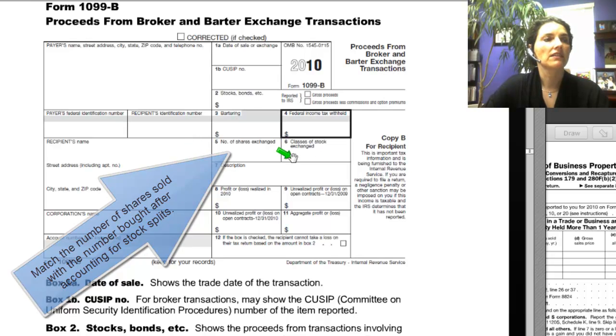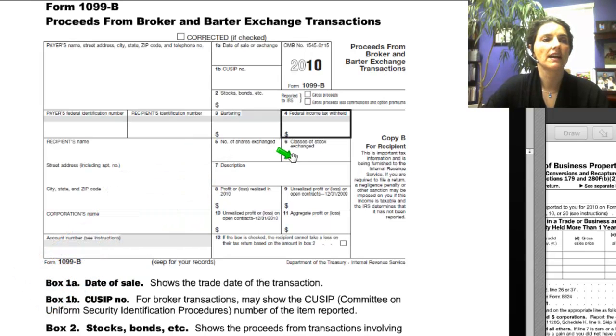Number 6, classes of stock exchanged. This shows the class or classes of the corporation stock that were exchanged. 7 is the description. It usually shows the name of the stock that was sold. Number 8 refers to regulated futures contracts, the profit or loss realized from the sale in 2010. Box 9 is unrealized profit or loss on open contracts.